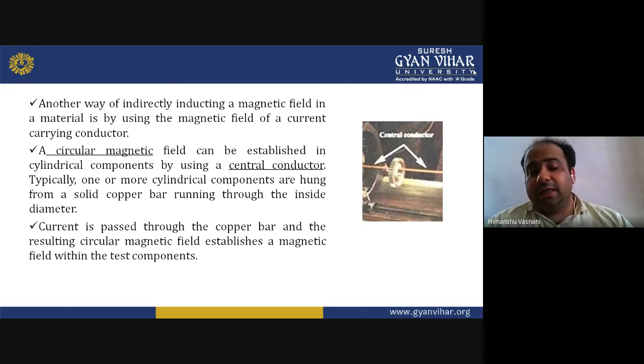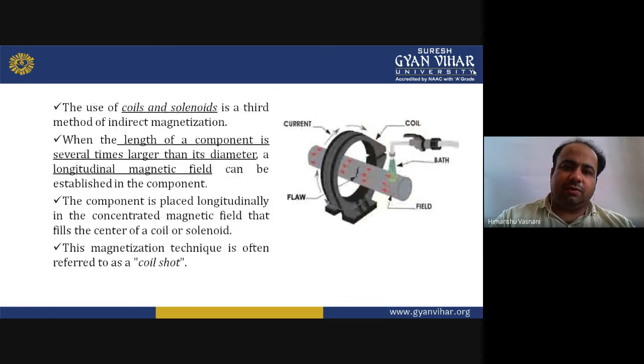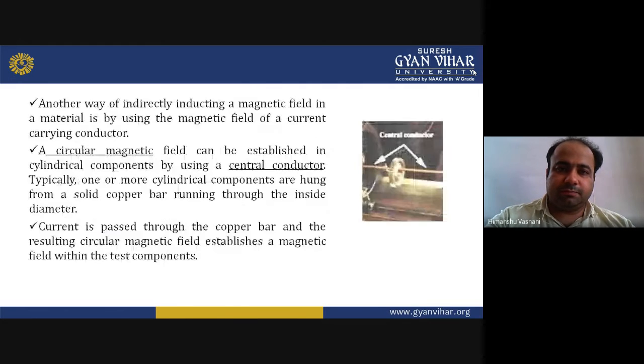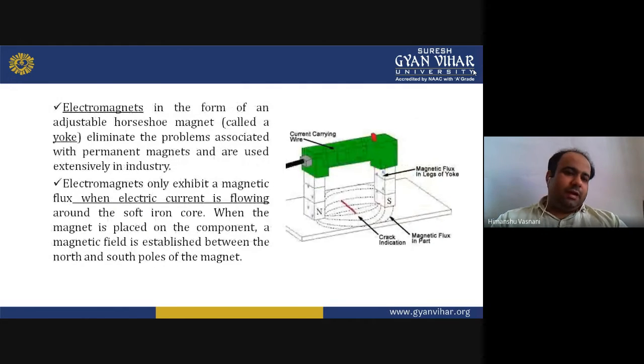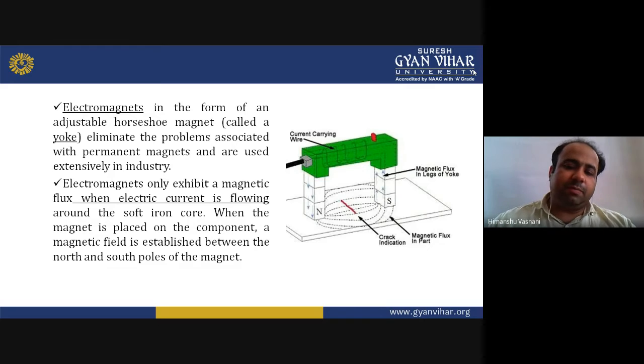Now, the current is passed through the copper bar, and the resulting circular magnetic field establishes a magnetic field within the test piece. Okay, you can say the use of electromagnets was quite simple. If you compare with the central conductor, the use of these electromagnets is very simple in finding out the crack indications.